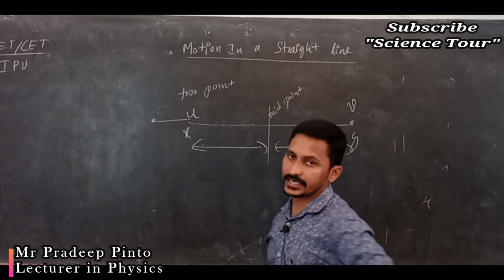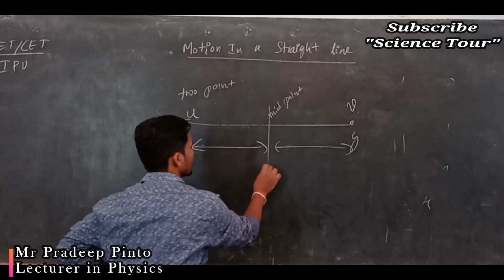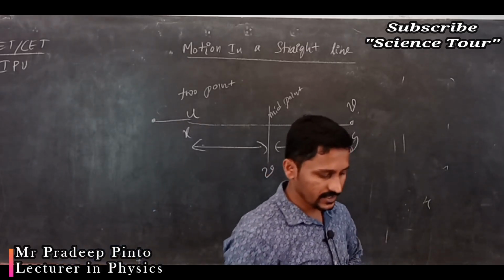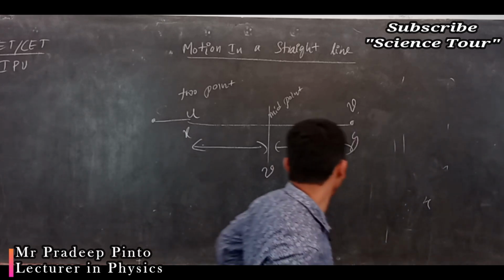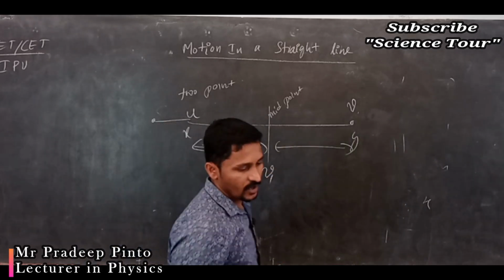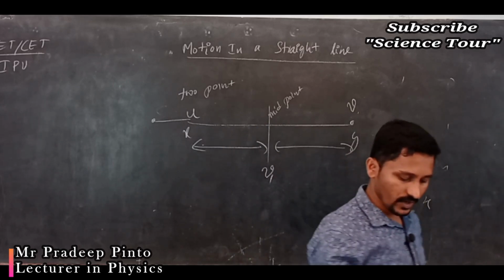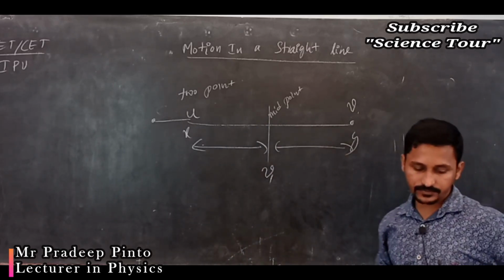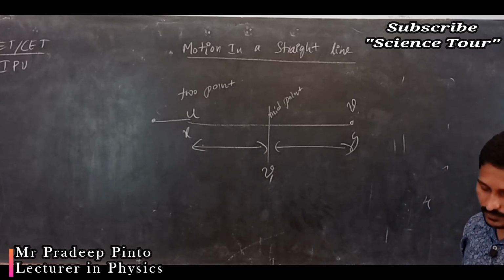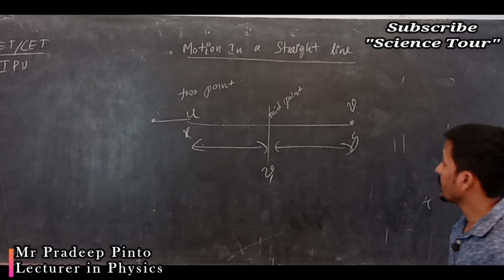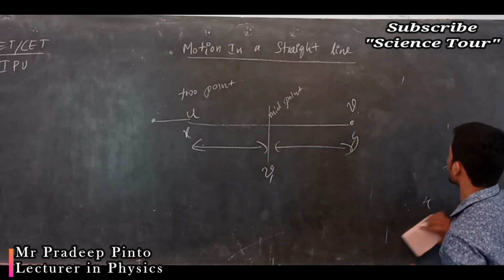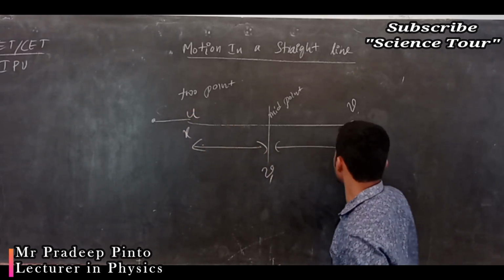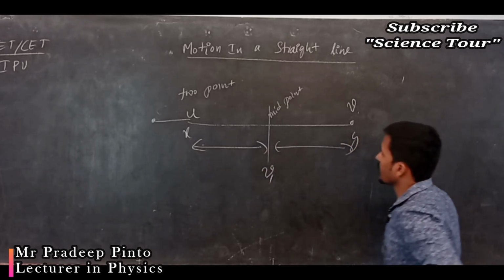Since it is accelerated, now you have to find out what is the velocity here, that you have to find out. Say for example, v1 is the velocity. We know that a is equal to v square minus u square divided by 2s, isn't it? Final minus initial, that is how I can write the equation. So this is final, this is initial for the first case.